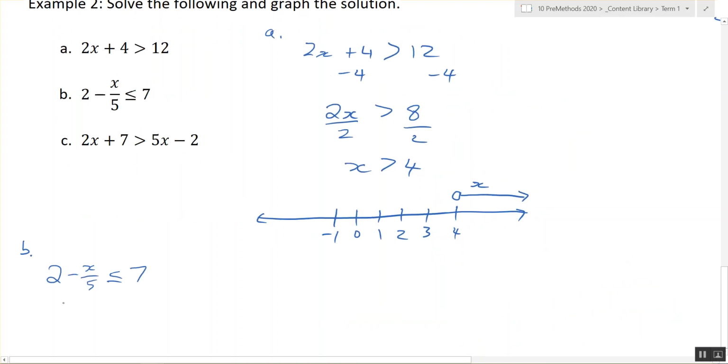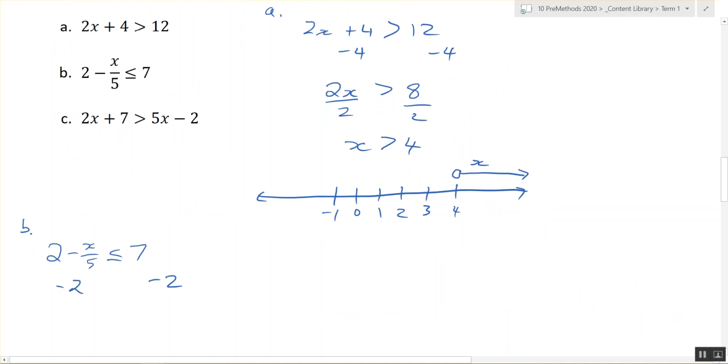So we're going to take 2 on both sides. So what are we left with on the left side? Negative x over 5. Yep. And on the right side, 7 minus 2 is 5.